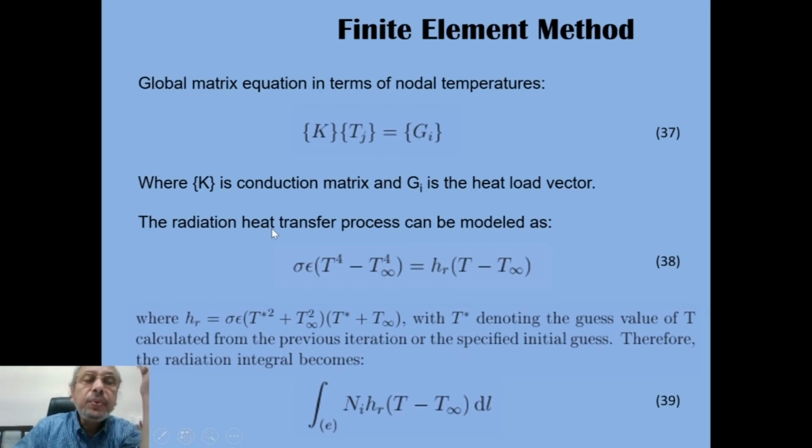Now, if we want to take care of radiation heat transfer, then obviously we have to write down the equation, which is Stefan-Boltzmann constant, emissivity into T to the power 4 minus T infinity to the power 4.